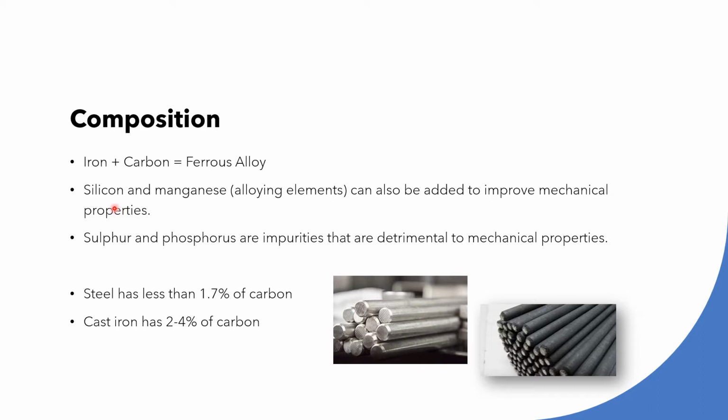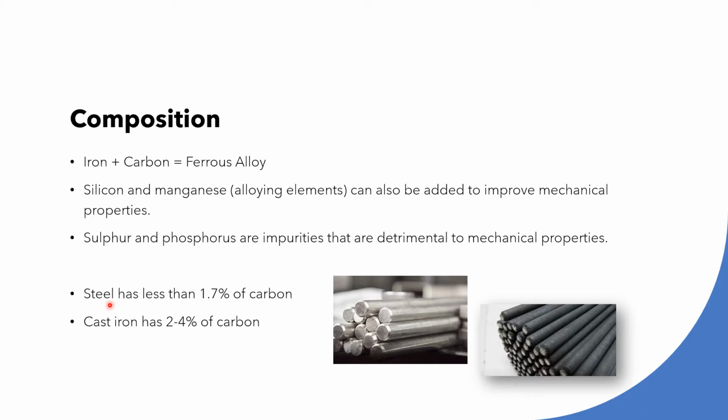You can also add silicon and manganese, right? Because if you add silicon and manganese into iron with carbon or without it, it's going to improve the mechanical properties. On the other hand, when you think about sulfur and phosphorus, they're impurities. So if they get into iron, it's detrimental to iron's mechanical properties. So we don't want this too.